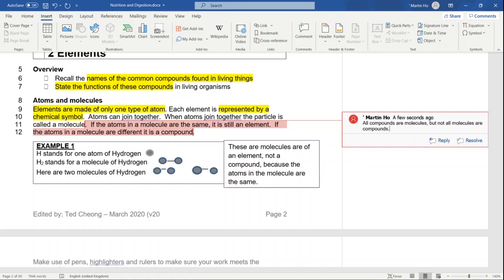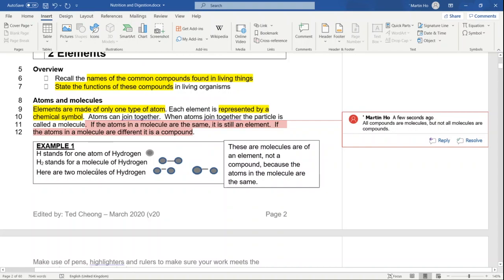And what this means is you can have groups of the same element, a bunch of atoms of the same element bonded together to form a molecule. But unless you have 2 or more different atoms or elements chemically combined, then it is not a compound.